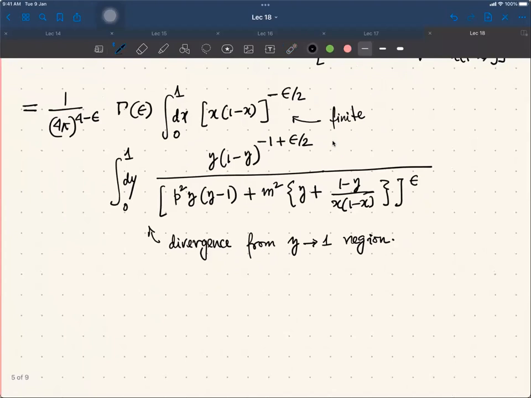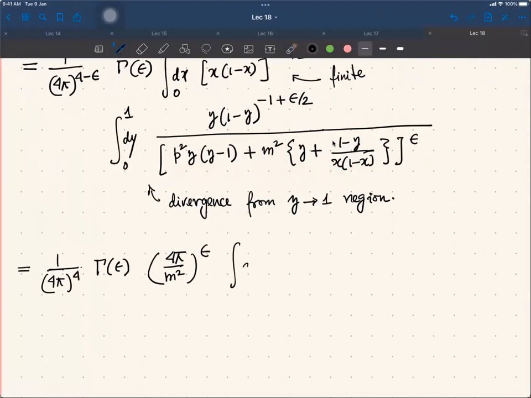Then what I will do is take out the m squared factor from this and write 1 over 4 pi to the power 4, gamma epsilon, then 4 pi to the power minus epsilon, which is 4 pi over m squared to the power epsilon. This m squared comes by taking out this m squared factor from this one.